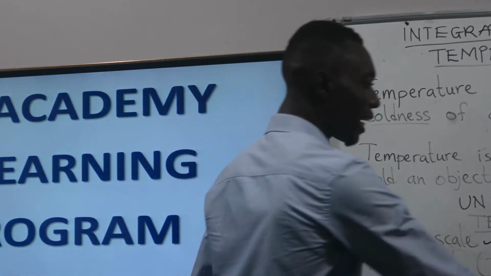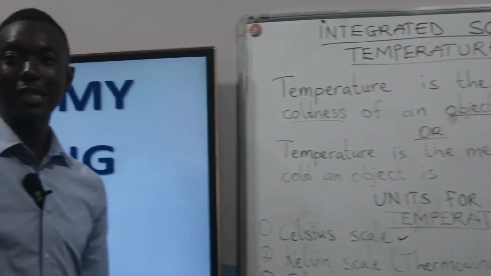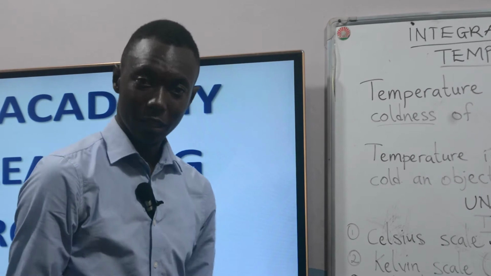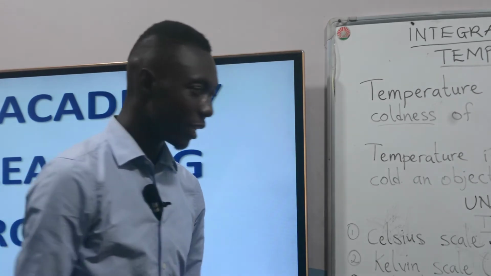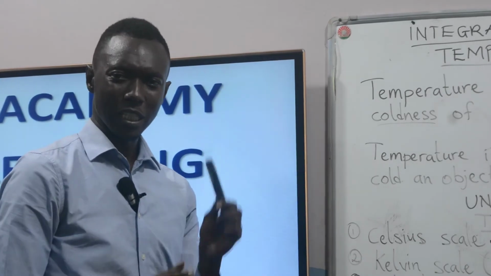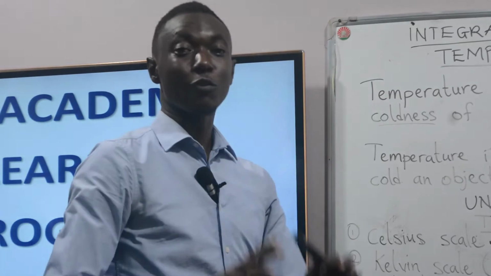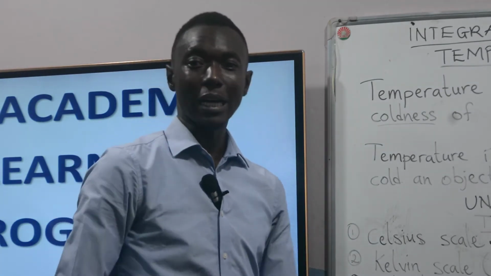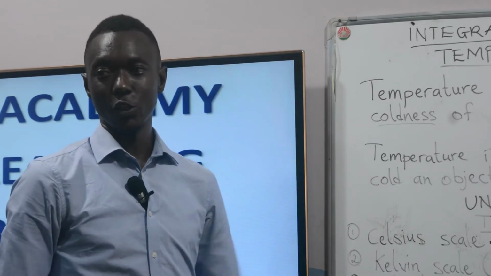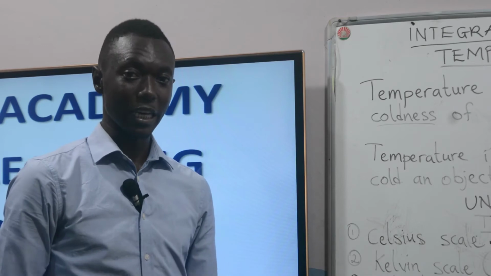But the one that has been accepted internationally, in other words, known as the SI unit, for measuring internationally is the Kelvin scale. Note the difference. Celsius scale is very common, but Kelvin scale is the SI unit. I hope that is clear enough.